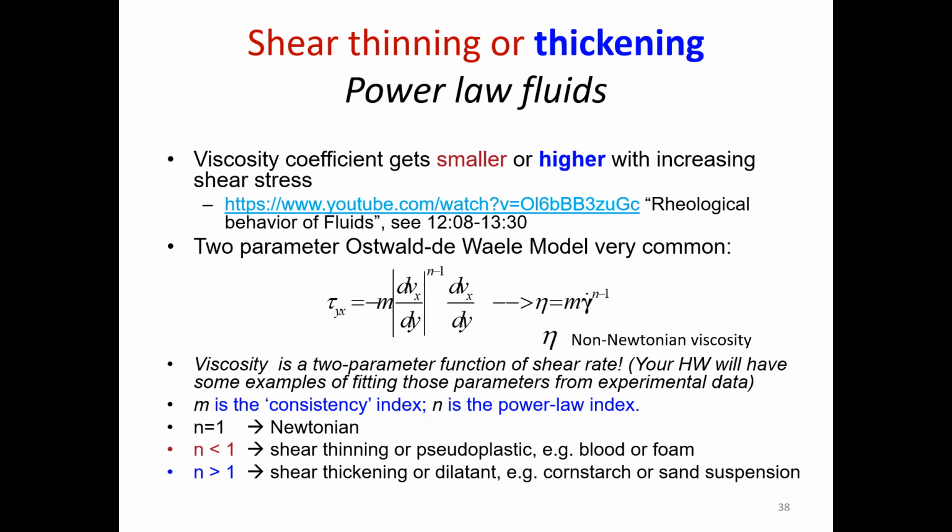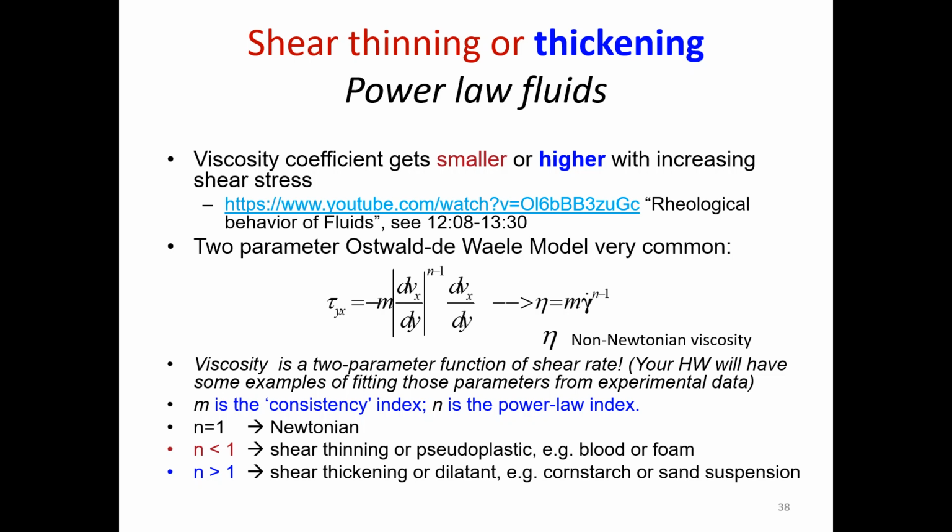It could be particulates, it could be large molecules, it could be whatever it is that I have in my fluid, or a combination of them all. And basically they start providing more resistance. They don't align, they mess up. And as they mess up or build up, they're going to provide more resistance, and we call that shear thickening or dilatant fluid.